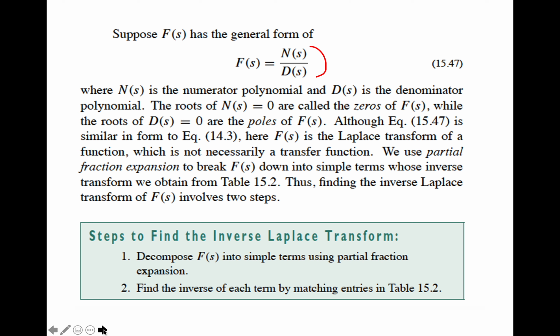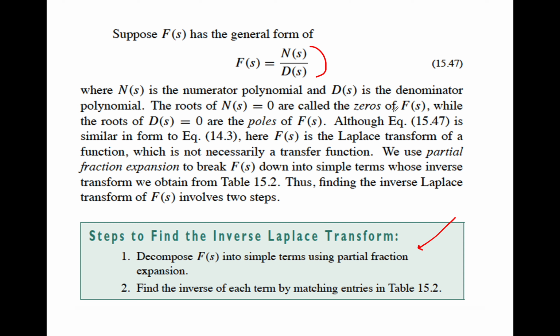So what that means is we have to do some algebraic manipulation of the function in the Laplace domain in order to find out what are terms that we can look up on the table. And we're going to do that using partial fraction expansion. So the steps to find an inverse Laplace transform are first to decompose F of s into simple terms using partial fraction expansion, and then to find the inverse of each term by matching entries in table 15.2.